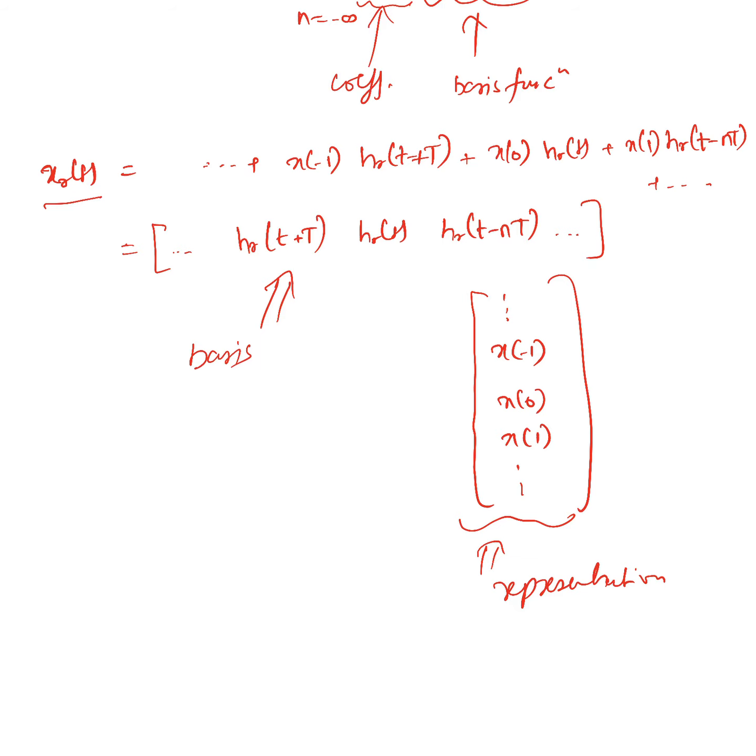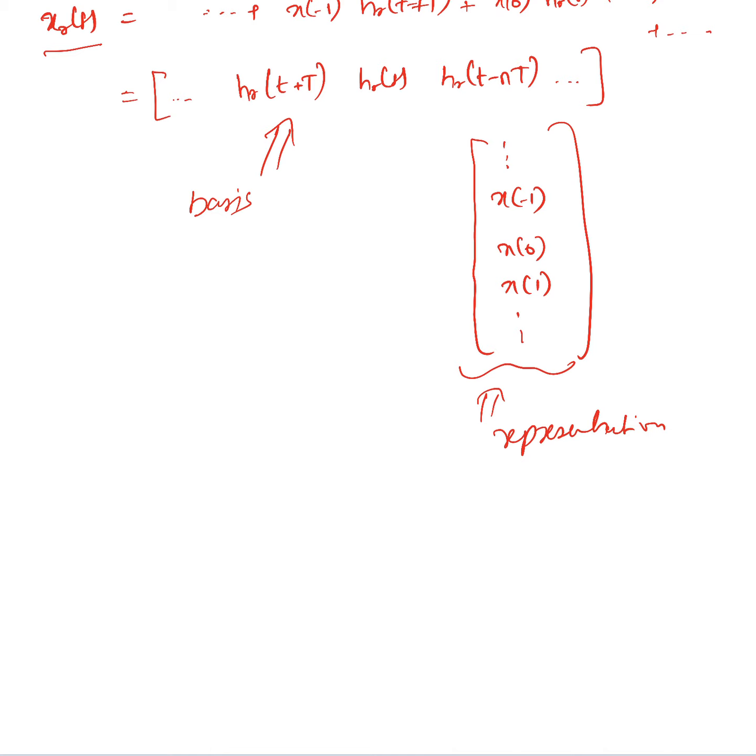There is one interesting review article, which I will upload on the Google Classroom page. Okay, so you can see the various types of basis functions you can use to reconstruct the continuous time signal, given the sequences.